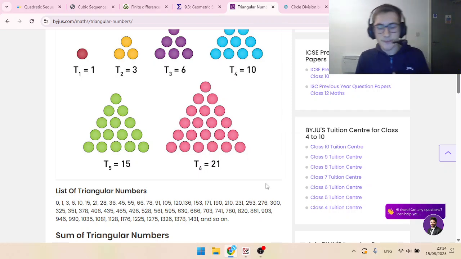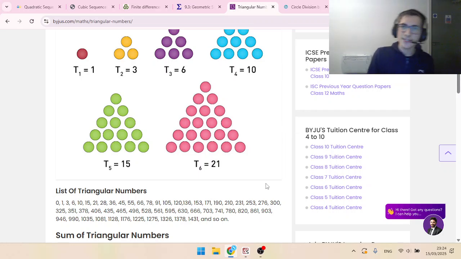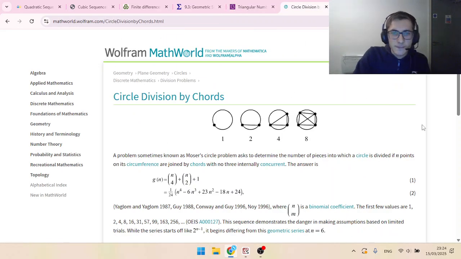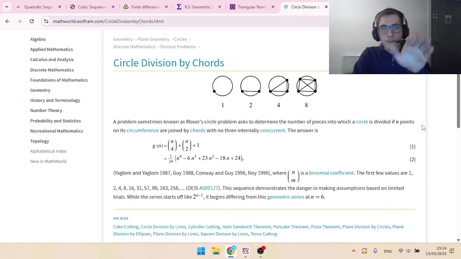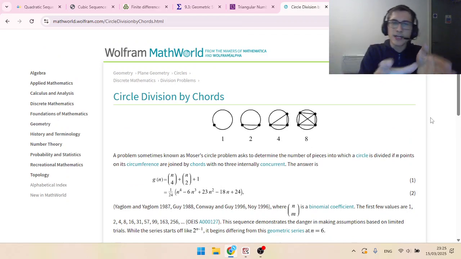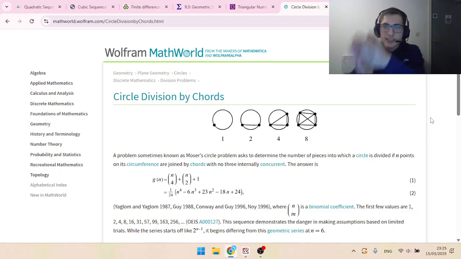Let's have a look at a pattern that's similar to that, and let's try to confuse the program. So, this is Moser's circle problem that's spelt over there. We are basically taking a circle. We're putting points on the circle, and we're joining them up.